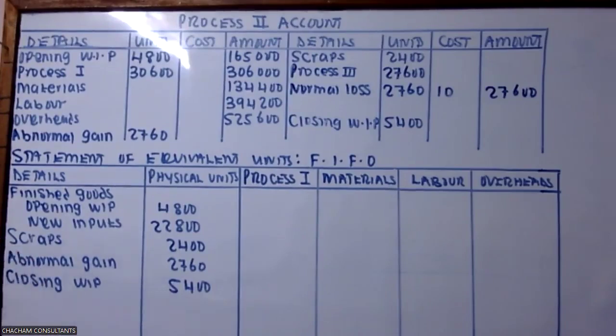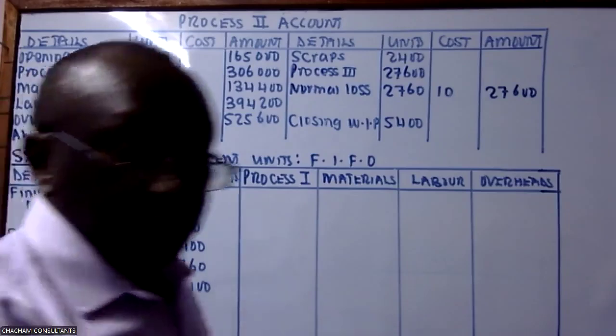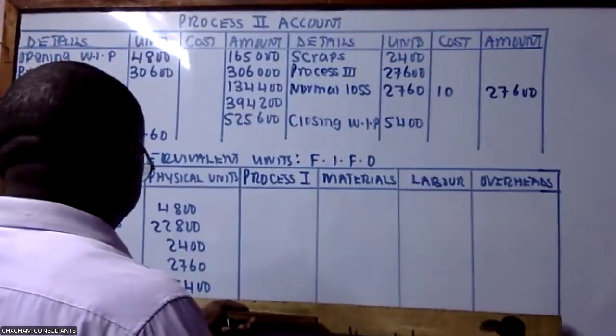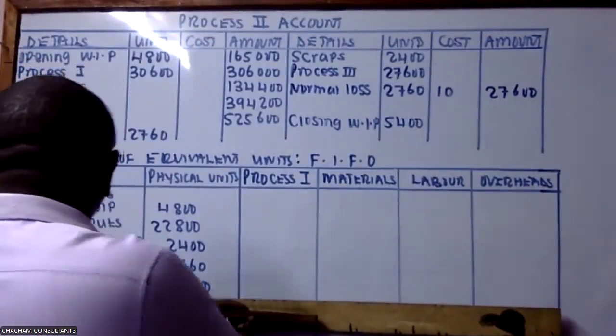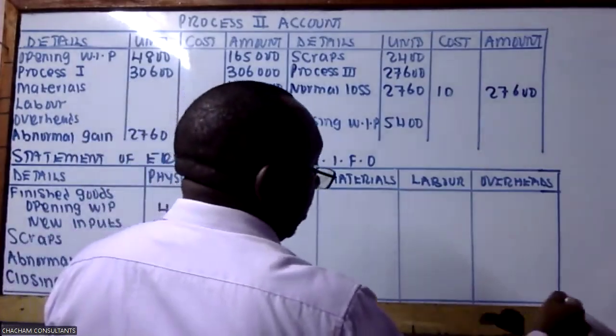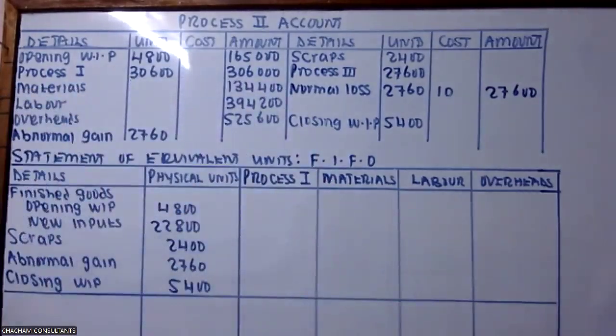So when you have done that, it is closed here, and you get a figure called total equivalent units.